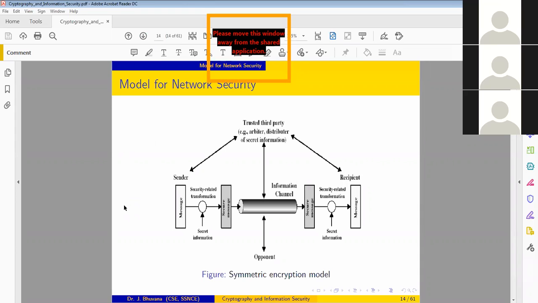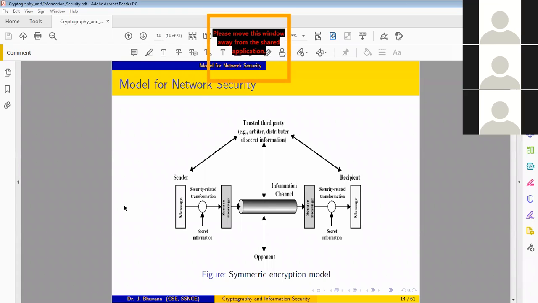That is why it is network security. Look at this. There is a sender on your left-hand side and a receiver on the other side. The sender wants to communicate to the receiver. If I send the message as such, any kind of action that can compromise the security of the data can happen between the sender and the receiver.